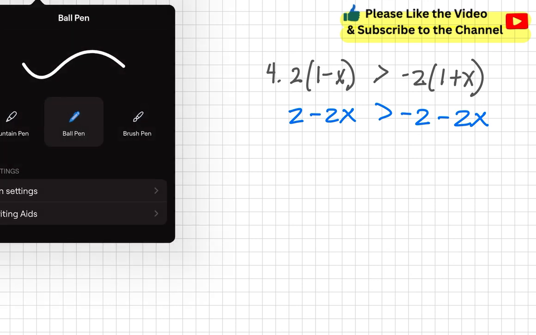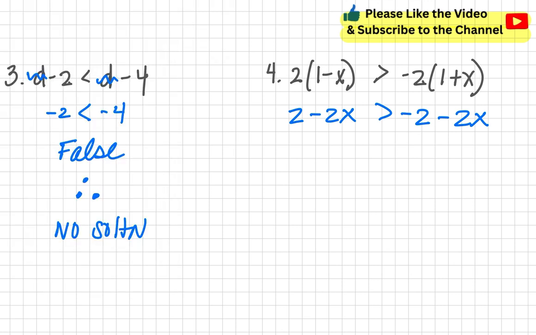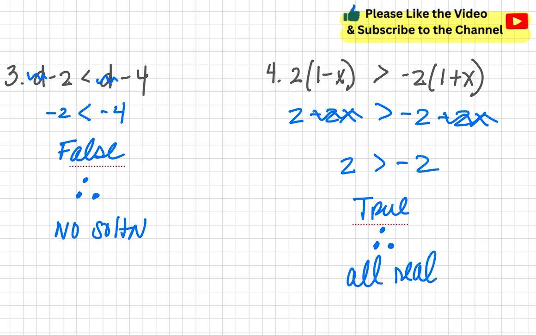So I can somewhat just cross it out a little bit, act like it's not there, and then I do bring down everything that was involved. And 2 is always greater than -2. So then that's true. Therefore, this little symbol means therefore it's all real numbers.